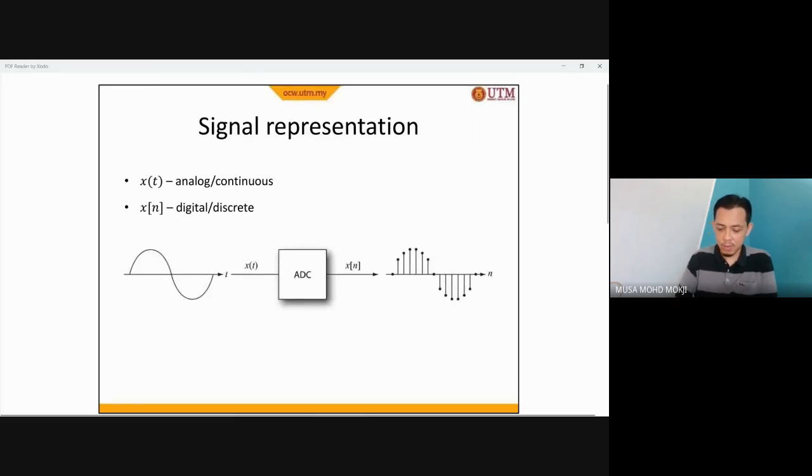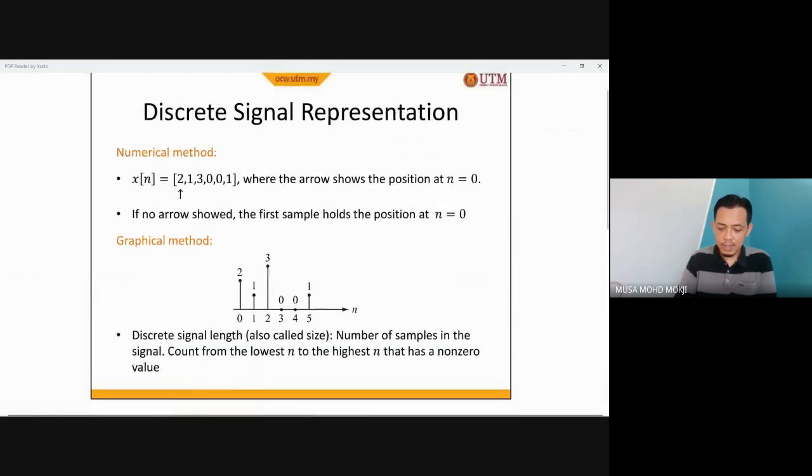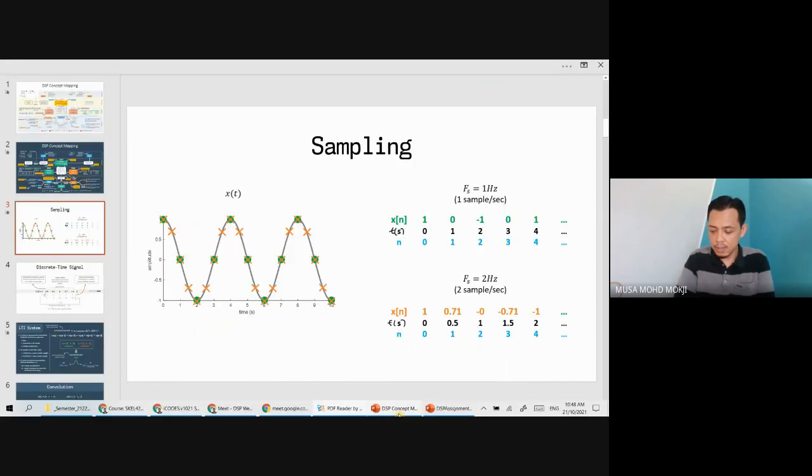So that's the formula. So we have seen this. And this is how we write our signal. So we have seen it here also. Okay, so write this x[n]. So what is the value? It is just 1, 0, minus 1, 0, 1. If we use fs equals to 1 Hertz, so what is our discrete signal?